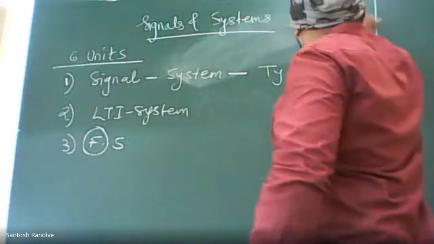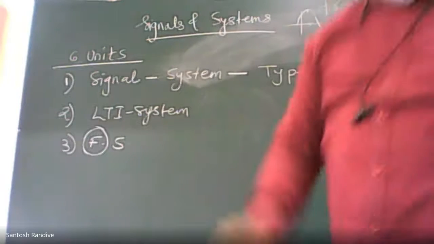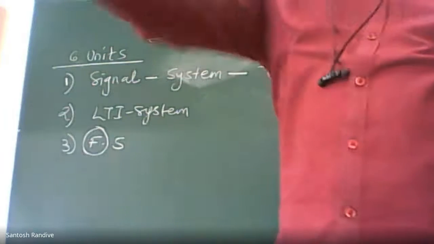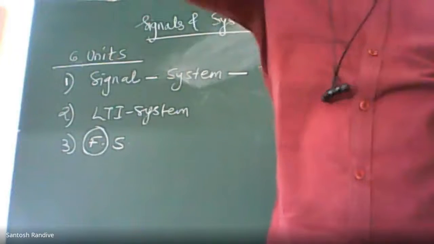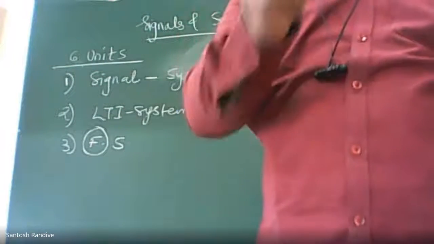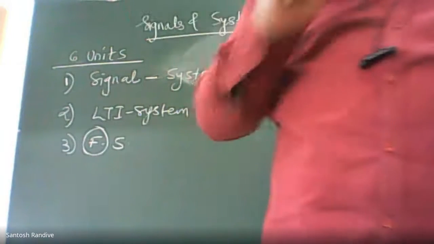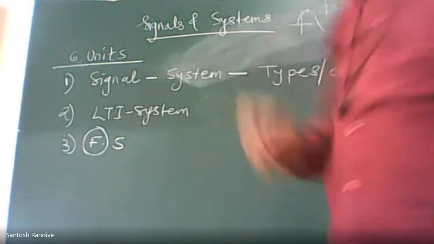On the time axis, at what time what is the amplitude of the signal? So what does the time axis give? Time information. So it is called a time domain signal. What does frequency give? It will give you frequency information: at what time which frequency is present. So that's why we have to go for frequency.